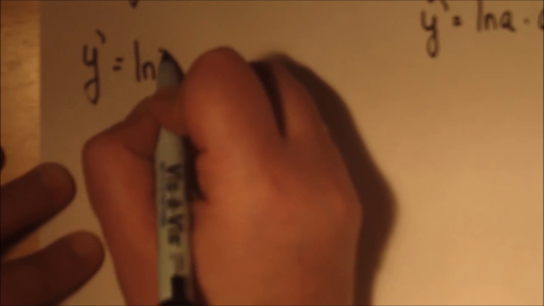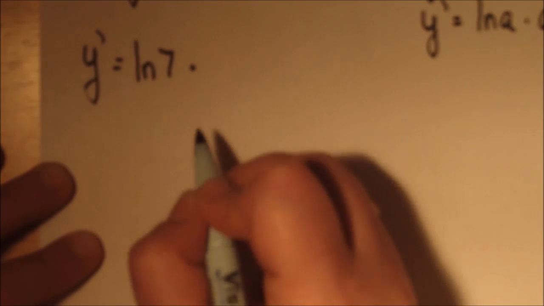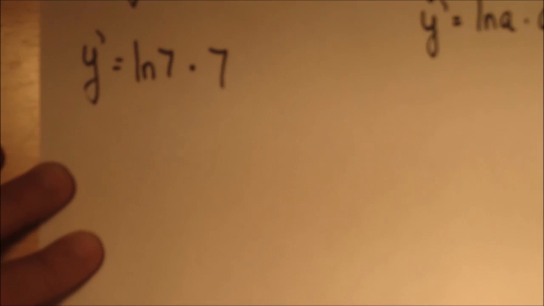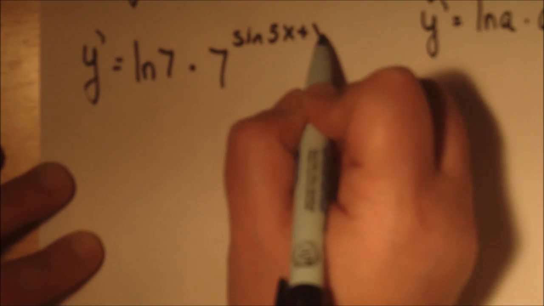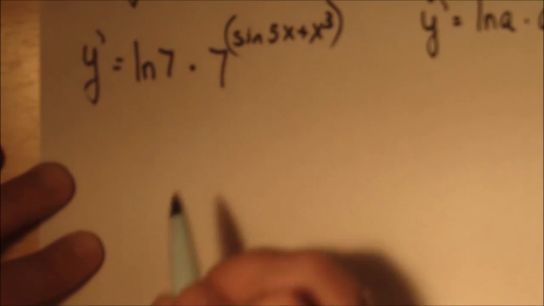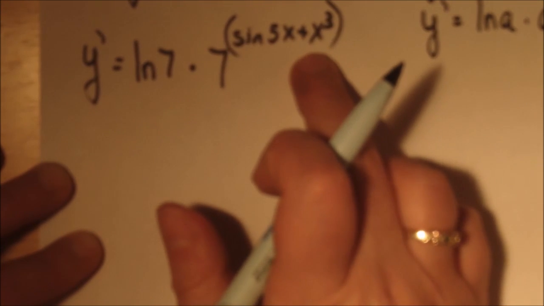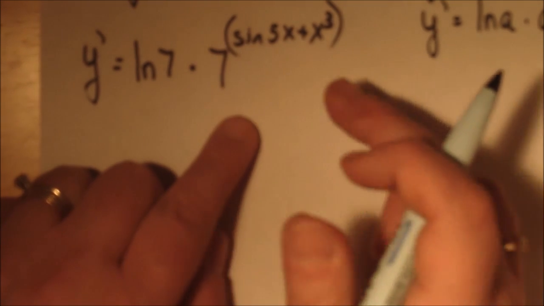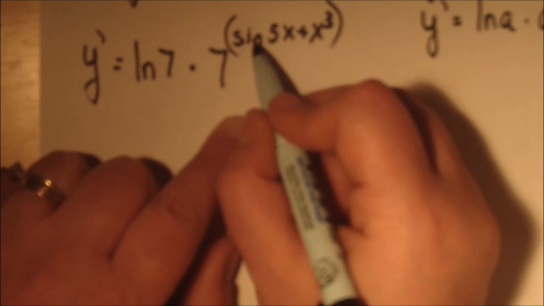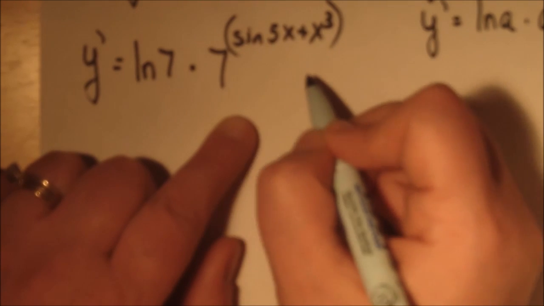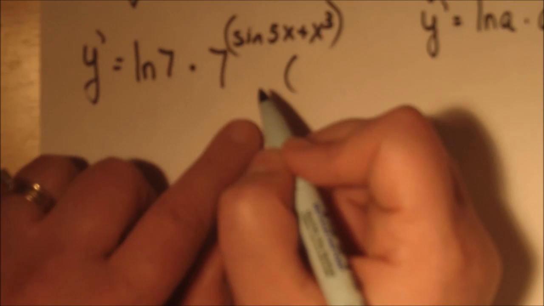All right, so coming back, in any order, I want to have natural log of 7 times 7 to that whole big power times the derivative of the function. I purposely chose this to do a little Calc 1 review. So the derivative of sine of 5x, we do need the chain rule for that.